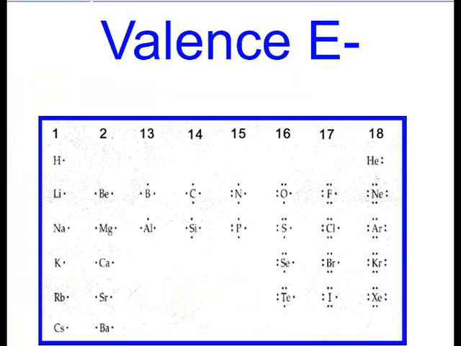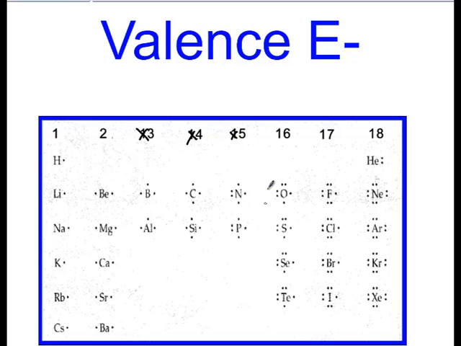Other things that we need to make sure we truly understand in this chapter are valence electrons. Last chapter we talked about that each group has a certain number of valence electrons. So if you look at the elements in group 1, they have 1 valence electron. Group 2, there are 2. Group 13, you basically can remove the 1 here, and you have 3. Group 14, you'd have 4.